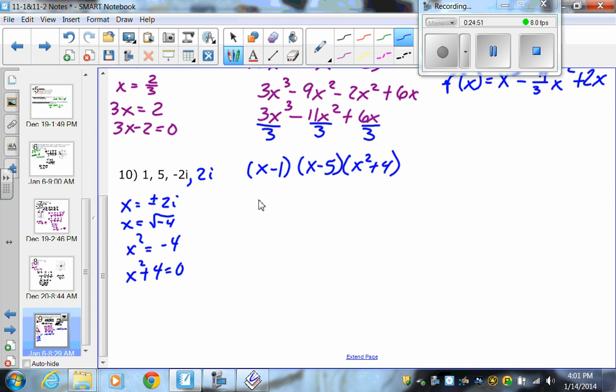FOIL these together. So that's going to give me x squared minus 6x plus 5. And off to the side, I'm going to multiply them out.